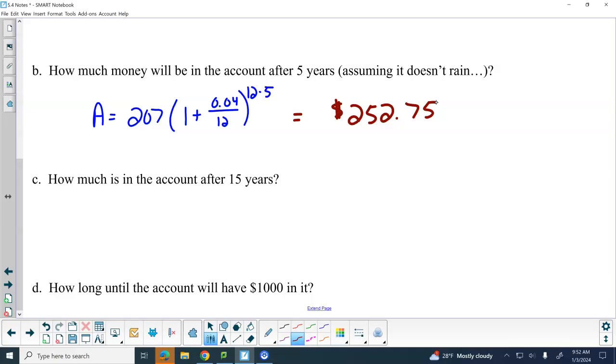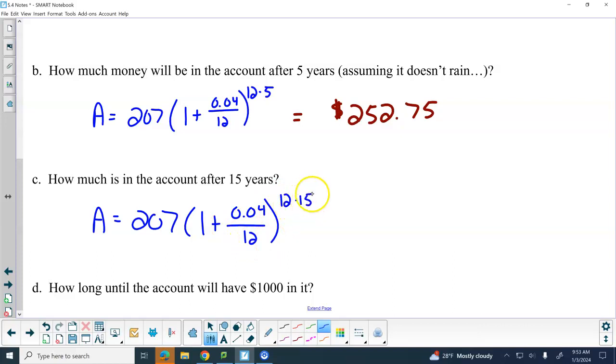Only rounding to 2 here because we're talking money. The only change is now instead of 5 years, here it would be $176.80.